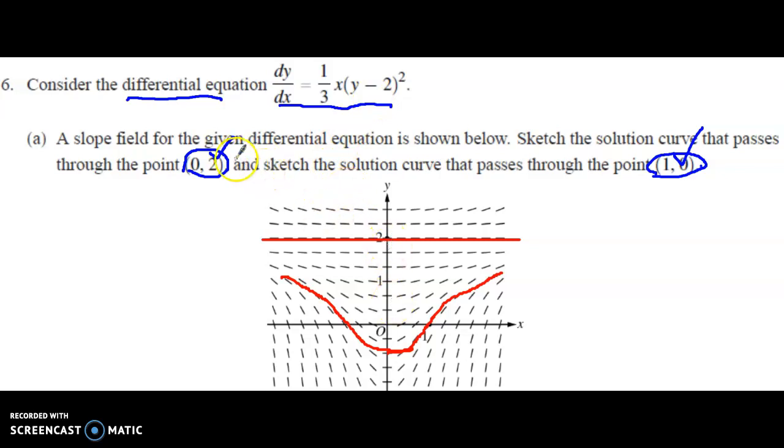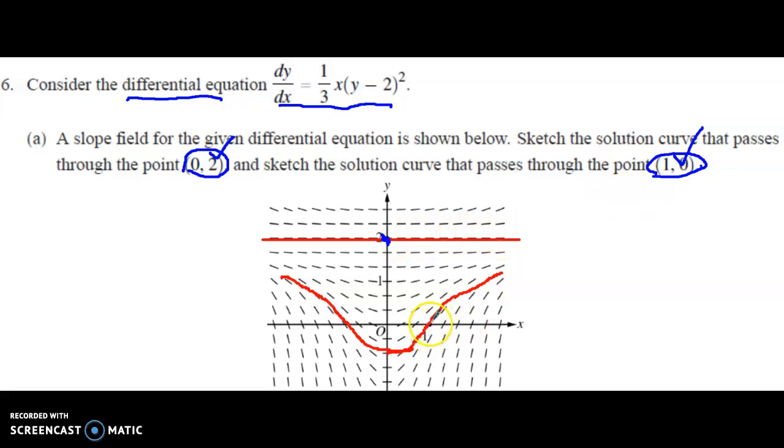Let's begin with the point (0, 2). The point (0, 2) is right there, and the slope field guides me through a horizontal line. So that's what I'm going to sketch for the solution curve at (0, 2).